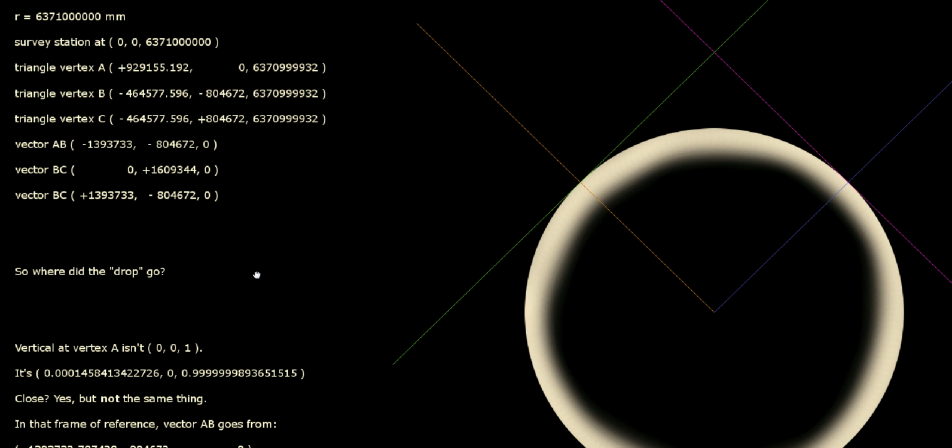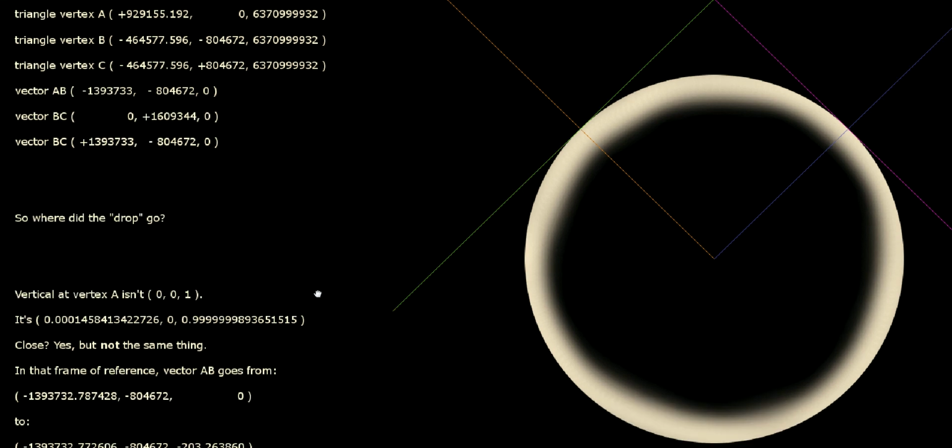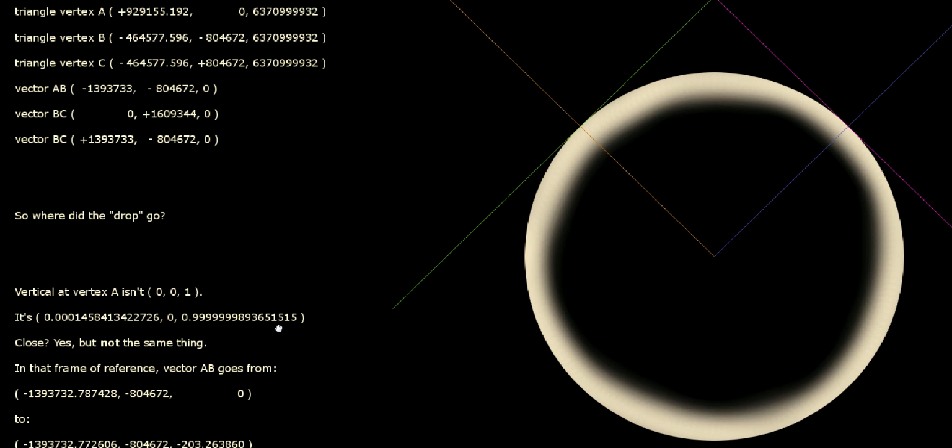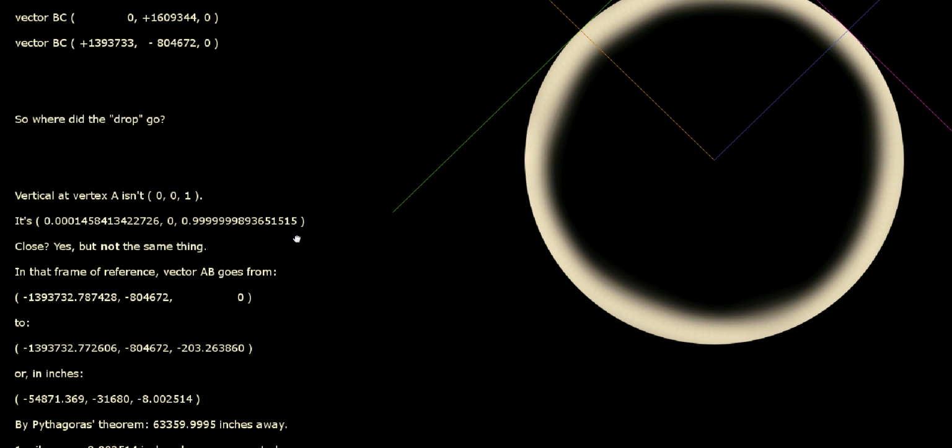In that frame of reference, if you use a frame of reference that's aligned to vertical at point A, not to vertical at the survey station, this vector for side AB that was minus 1,393,732.787428, that x component of the vector changes to minus 1,393,732.772606.